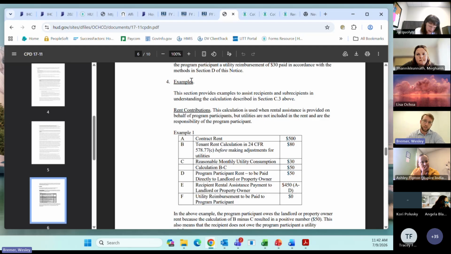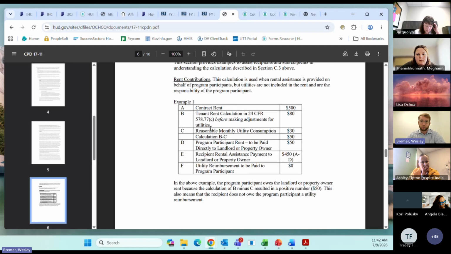You'll find what you need in these 6 examples. The first 2 are geared toward rental assistance, and the final 4 are for if a client is paying an occupancy charge. Given that our audience is rental assistance heavy, I'm just going to run through the first 2 examples really quickly.